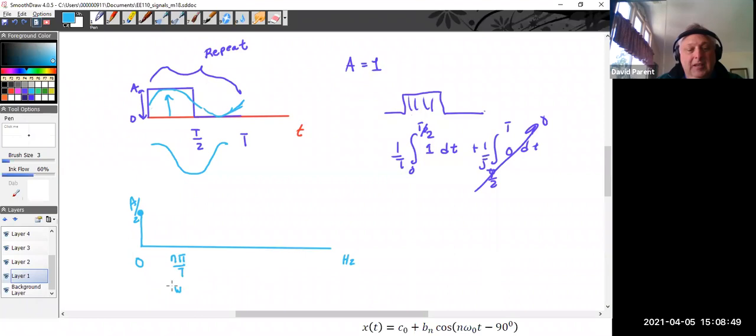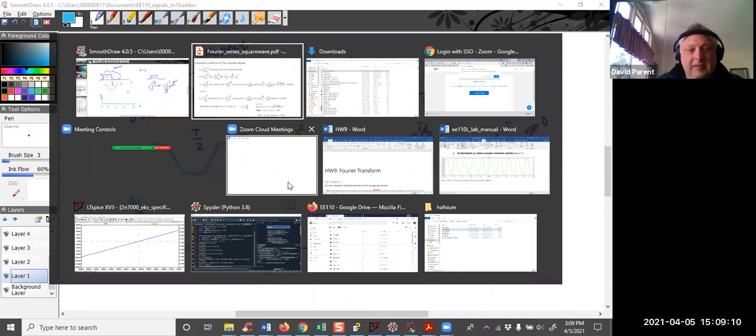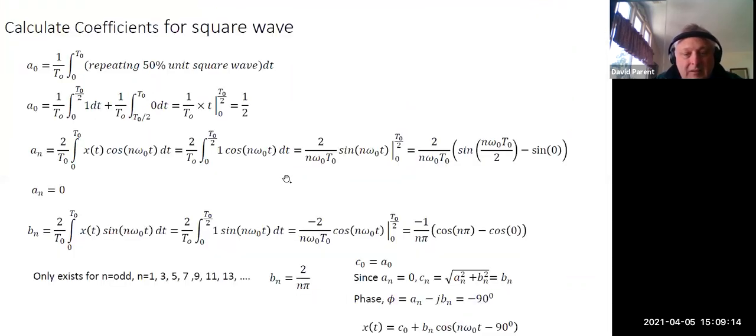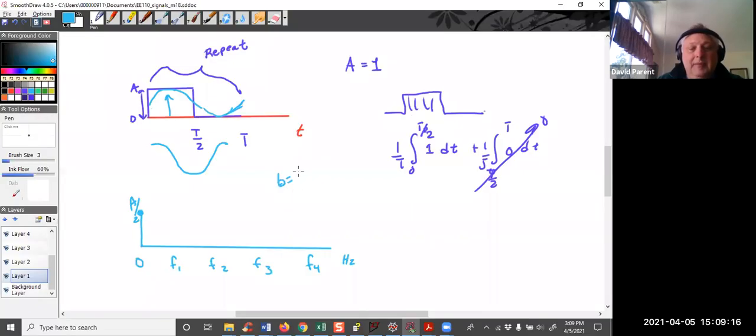But once you know that fundamental frequency, you can just do F1, F2, F3, F4. And the B constants are, and just let me double check, two divided by n pi.